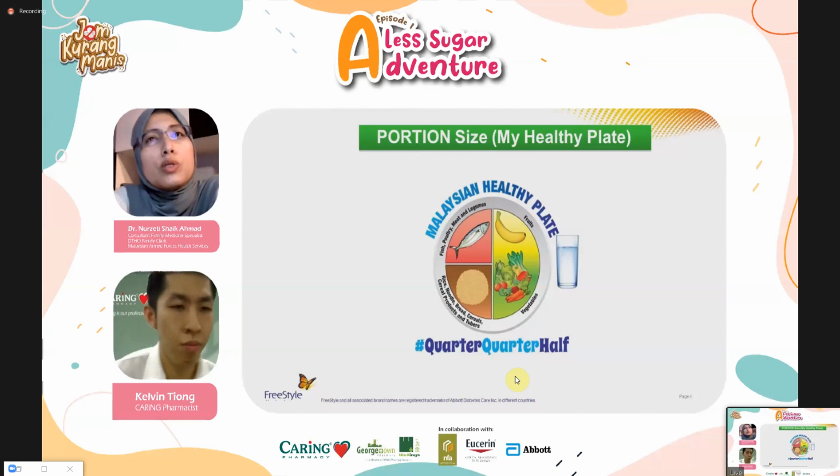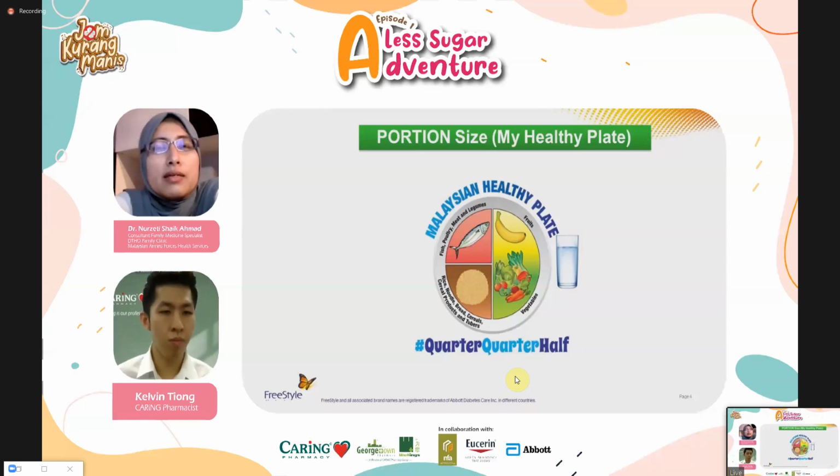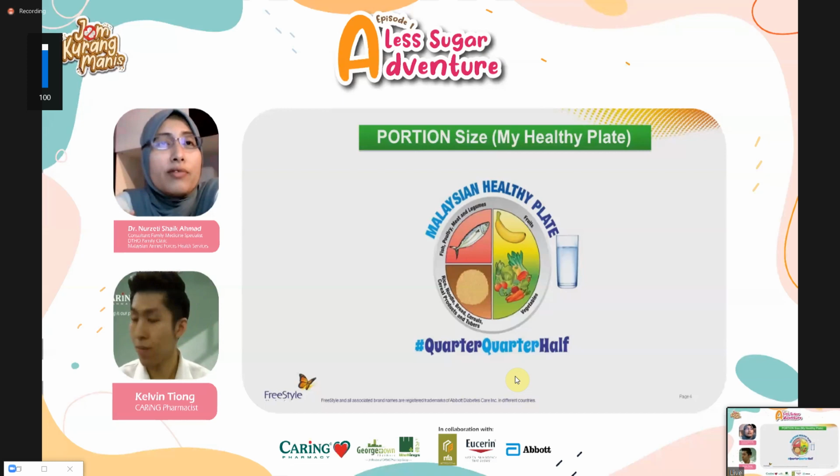You should choose dishes like fried fish, ikan bakar, or even curry or masak lemak. Those foods don't have sauces, so the likelihood of having sugar in them is lower.